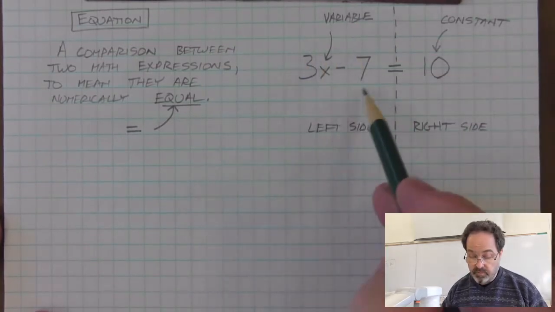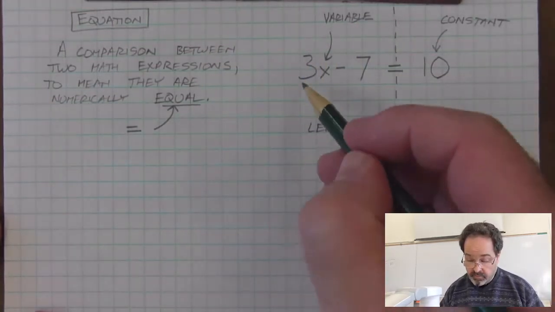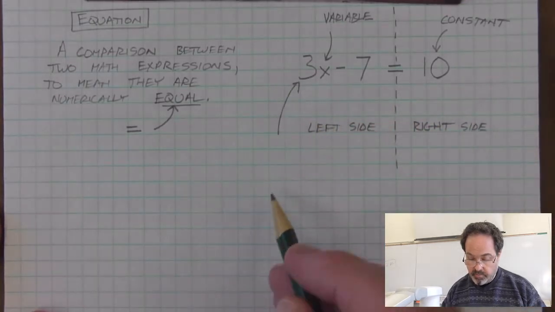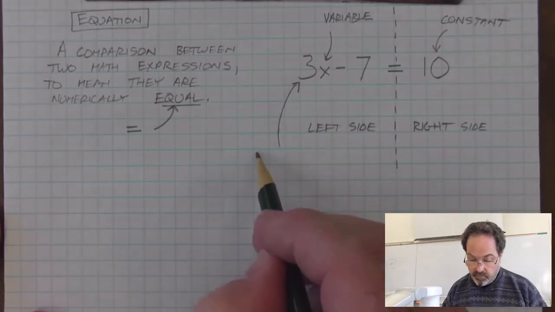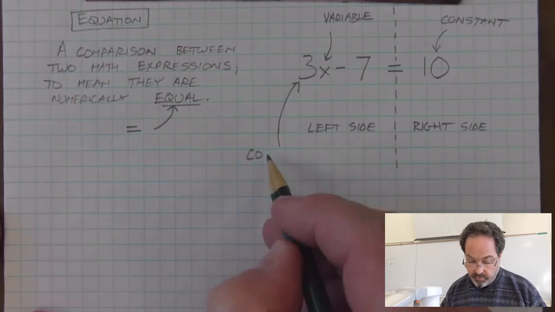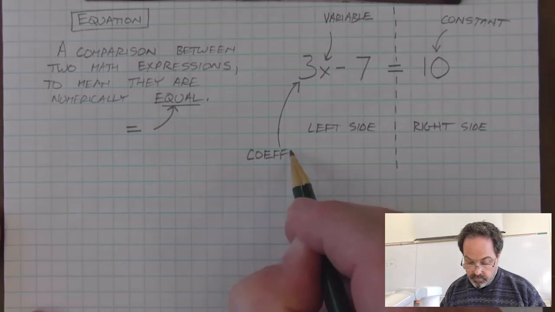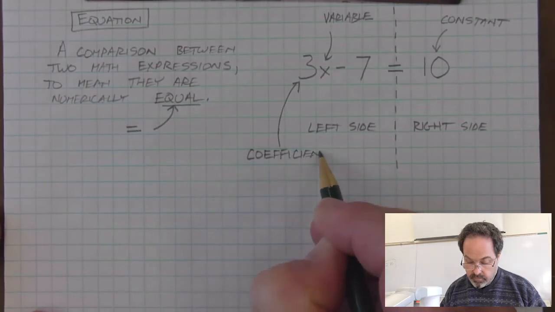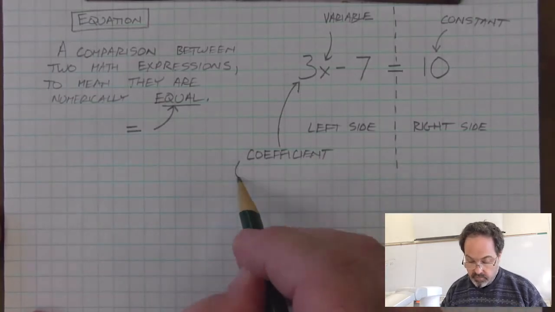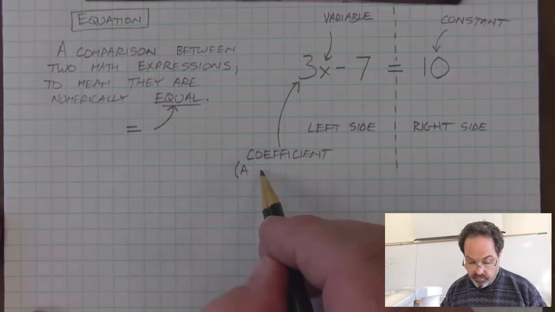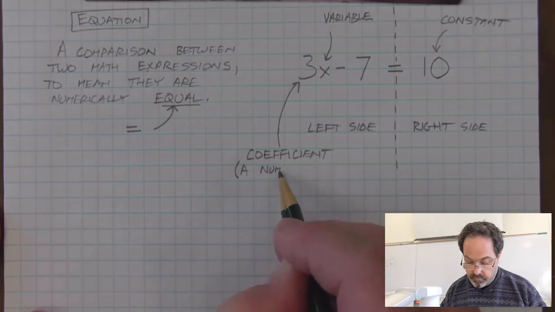But this expression 3x minus 7 is not only a variable, it also has the 3, which is a number, but when it multiplies a variable, very often we call that number a coefficient. Coefficient in parentheses will remind us that it is a number that multiplies a variable.